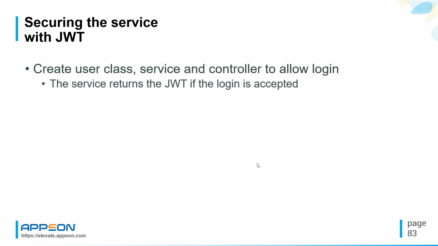What happens with JSON Web Tokens is there are actually a couple of different scenarios. But at some point a JSON Web Token is created, and there's a specific format for that. That JSON Web Token is validated. If it is validated, usually you get a bearer token that's sent down to the client.